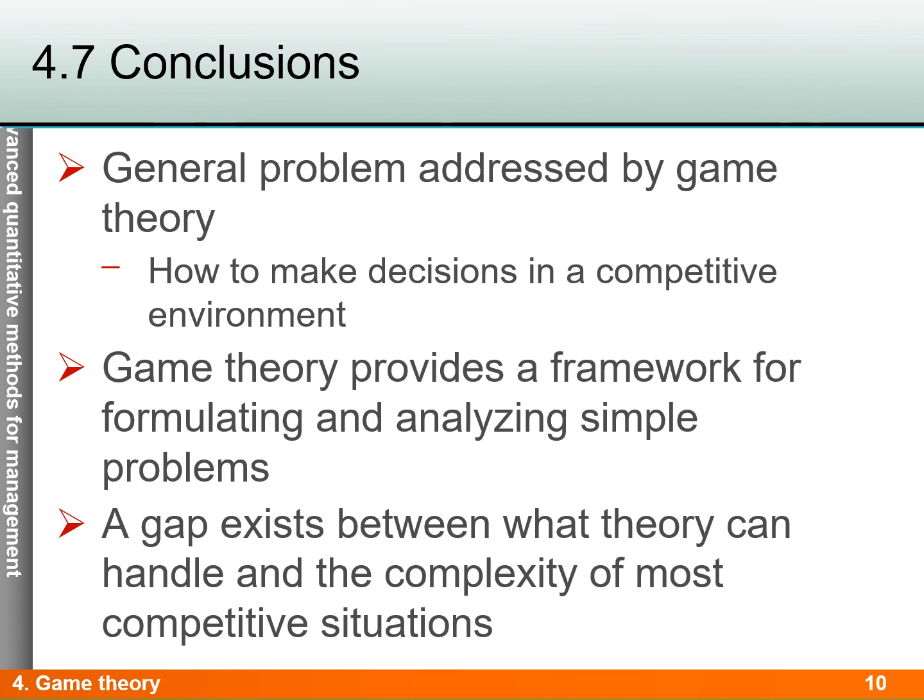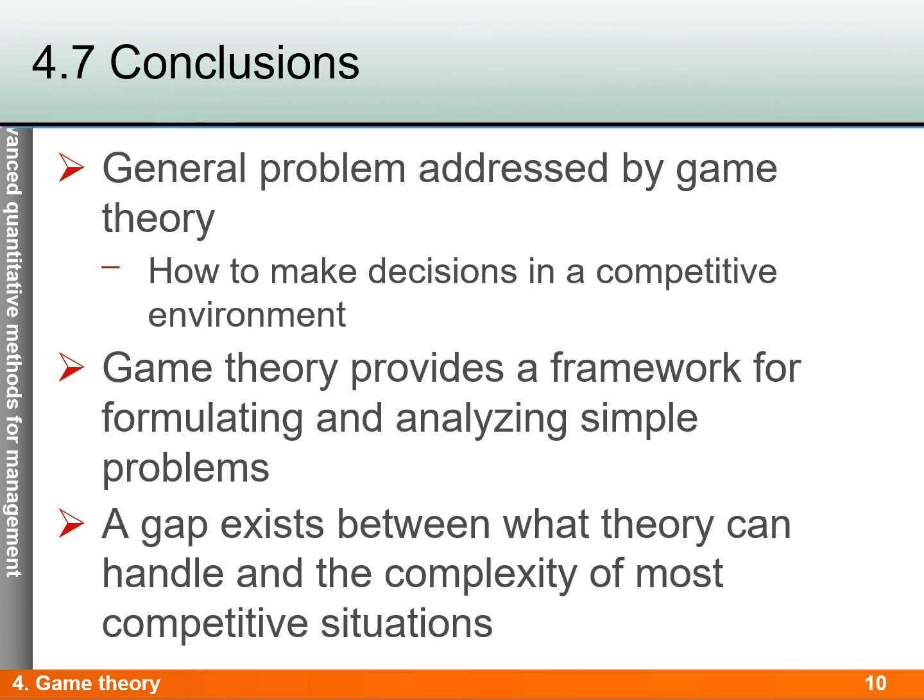And finally, a conclusion of this section. In this class, we learned that by game theory, we can address general problems and make a decision in a competitive environment, okay, between two players. Game theory provides a framework for formulating and analyzing simple problems.